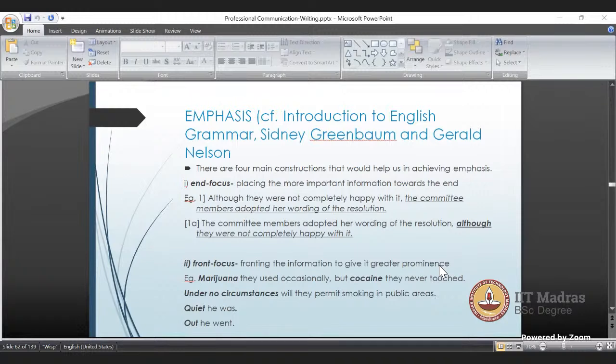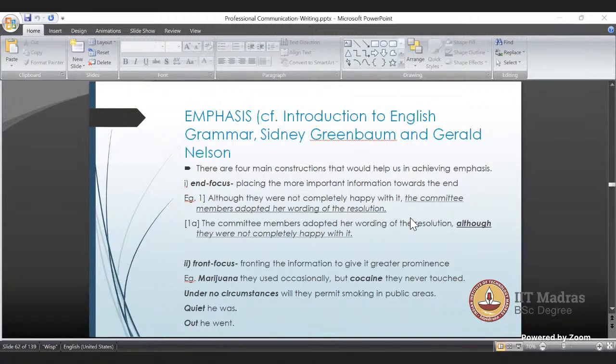Under no circumstances will they permit smoking in public areas. Quiet he was, out he went, right? So if you try and rearrange this sentence based on how the sentence structure in English should look, it's SVO, and if I have to say out he went, usually my straight sentence would look like he went out, right? Are you with me? Understand what I'm trying to say?